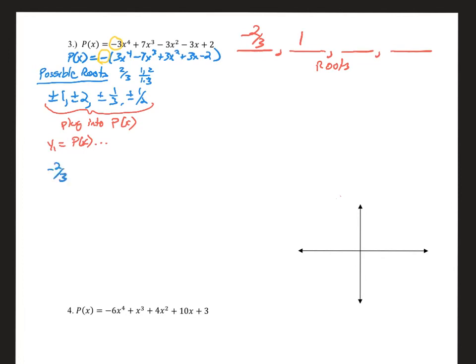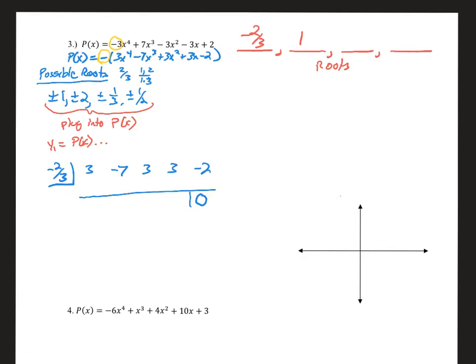I'm going to use the negative 2/3 first, and I'm actually going to divide by 3 after I'm done. That will just avoid the fractions. Not everybody does it that way, but that's the way I do it. You could divide first if you want to. I know my remainder is 0 because I know that negative 2/3 is a root.